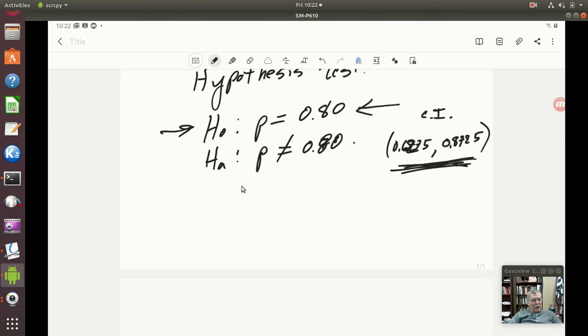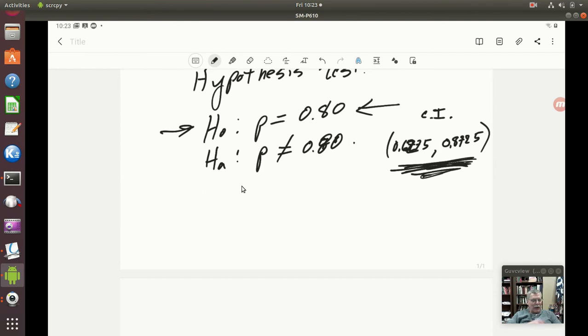So we should still be on that side of things that, yeah, the 80% could have been the population's percentage. And so it would be a very rare case where, doing this hypothesis test, we would be able to reject the null hypothesis.